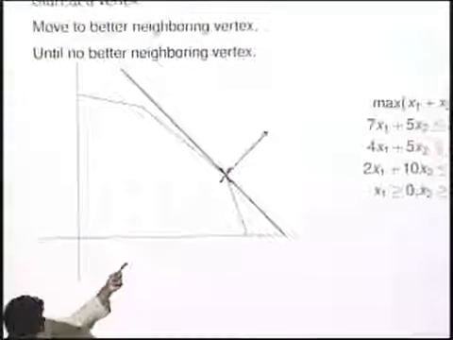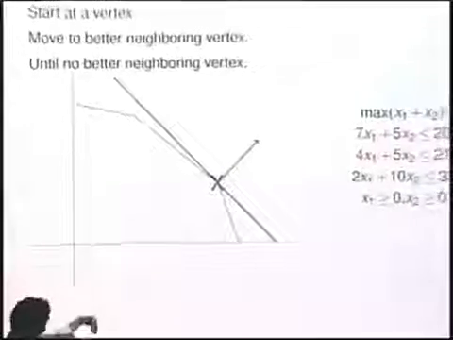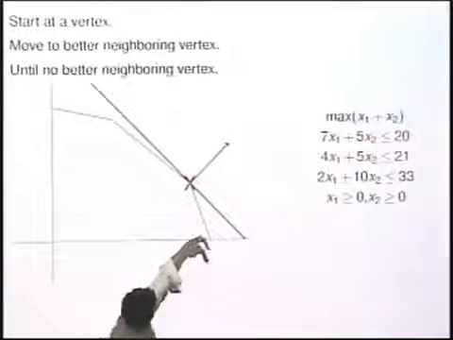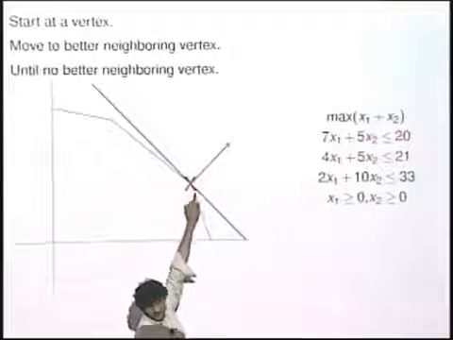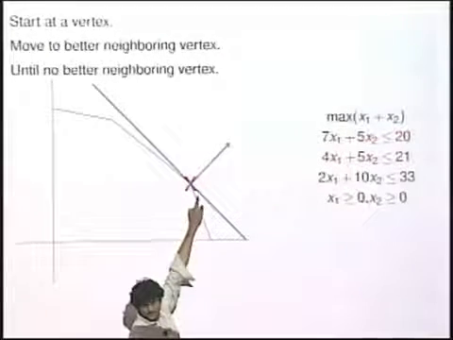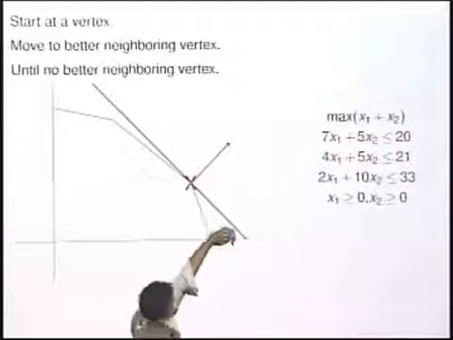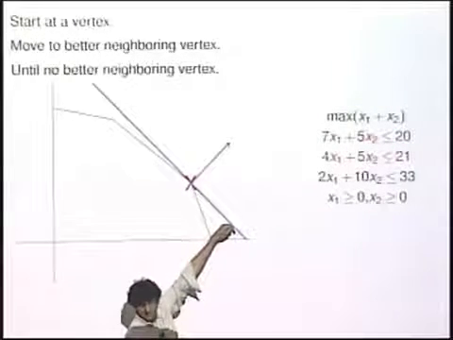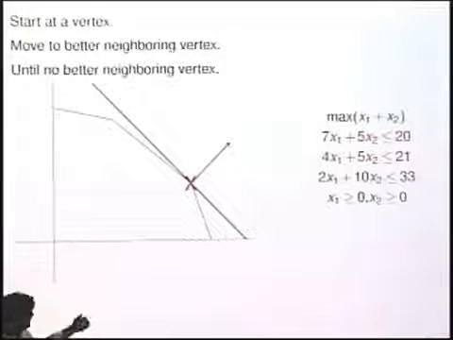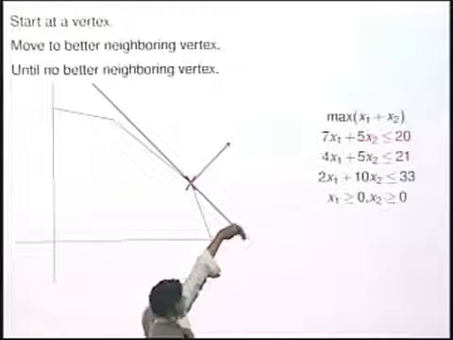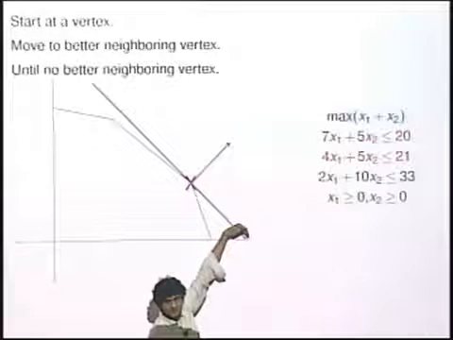Again, the direction of improvement is this red direction. And now this blue line is this contour that says all the points that have this value of x1 plus x2. It's x1 plus x2 equals whatever this value is. Now, which values have higher values of x1 plus x2?